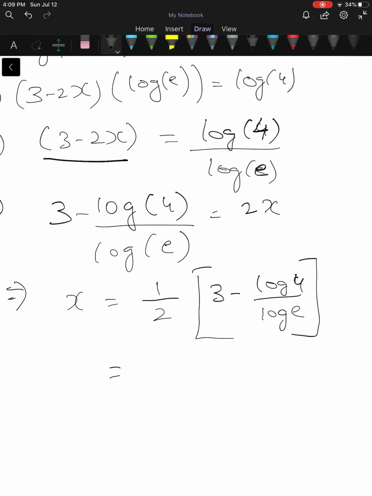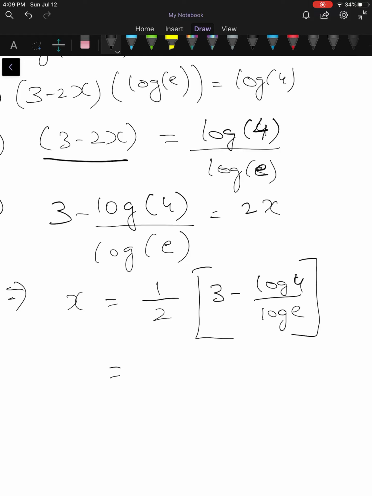Okay, so now you have to use a calculator for this. So log of 4 divided by log of e. Sorry, it was log of e.